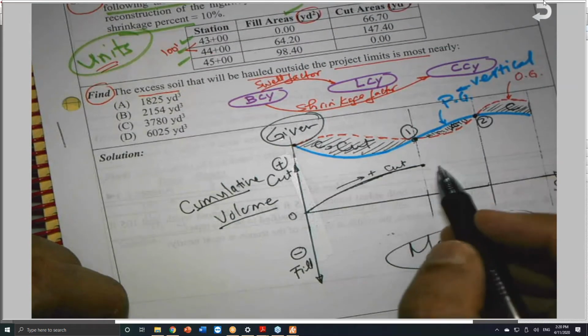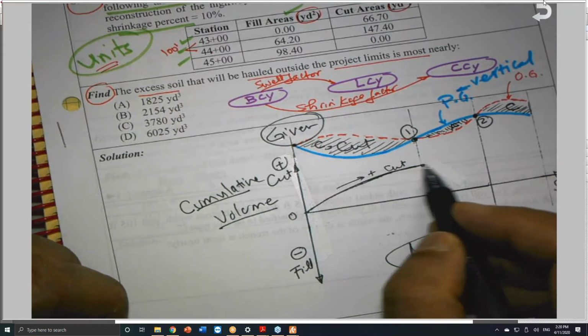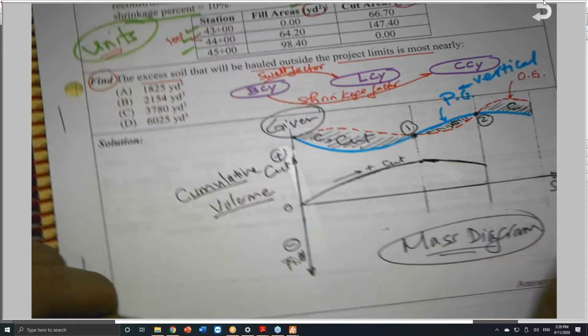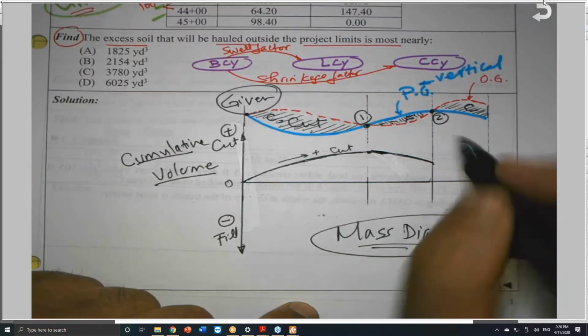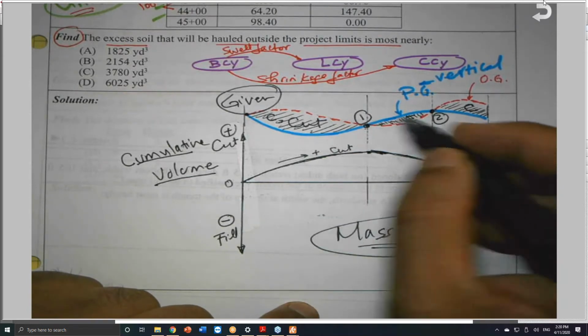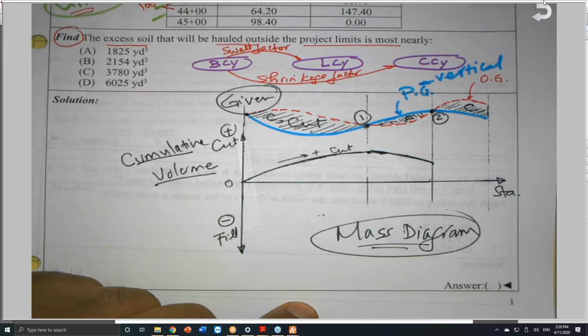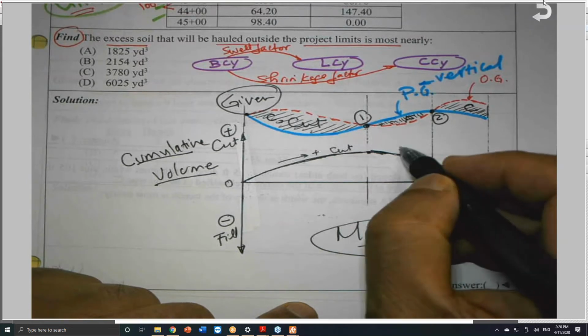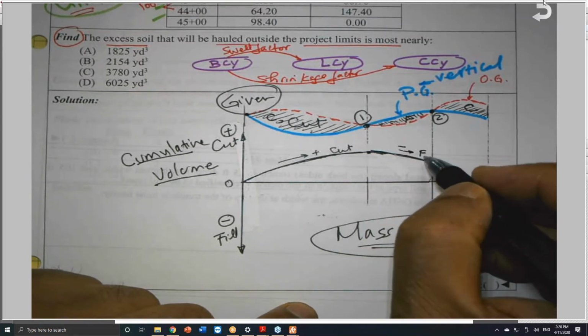This is the fill, up to here. Why did I go down only a little bit and still have a lot of cut? Because this amount of fill is way smaller than this. And so this is negative slope, which is fill.